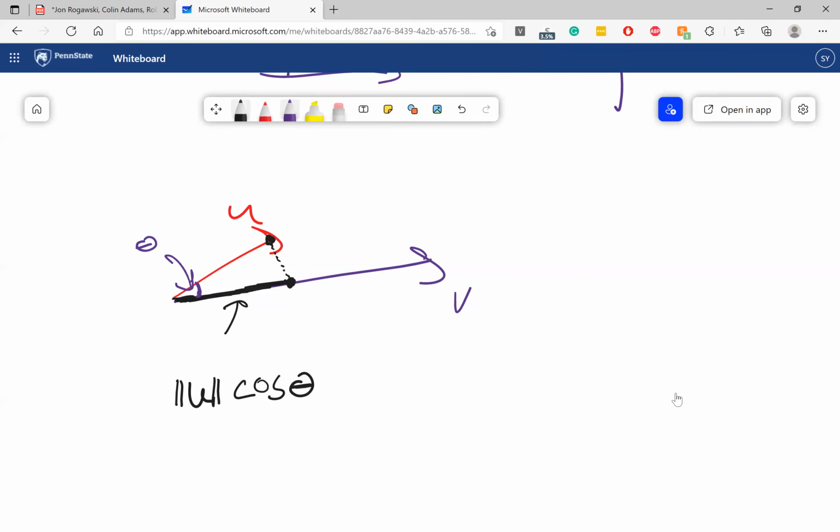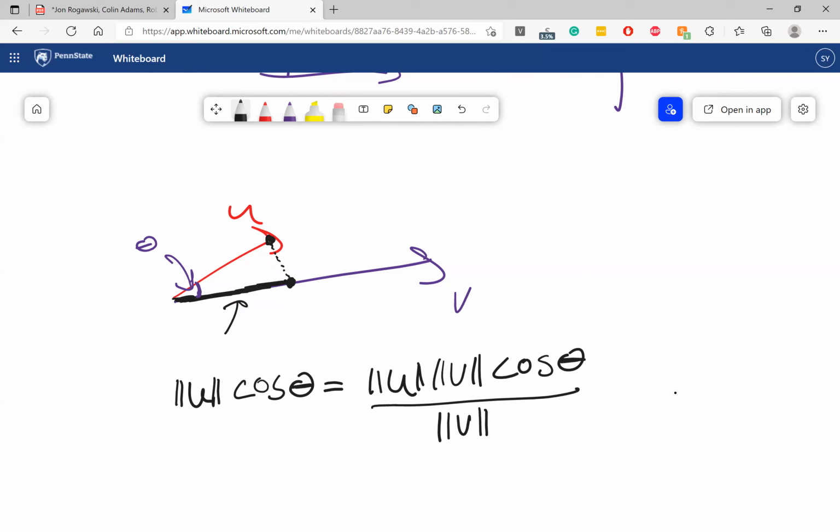Well, this is the same as saying the magnitude of U times the magnitude of V times cosine of theta divided by the magnitude of V. So we just add a magnitude and we cancel them.